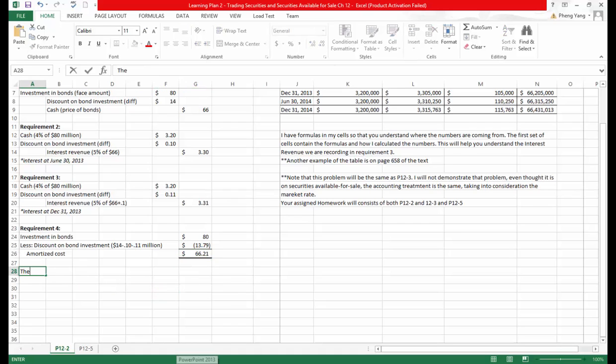All right, so then to record it at fair value, we would increase the investment by the 70 million minus that 66.21 that we just calculated, and therefore we would get to 3.79 million.